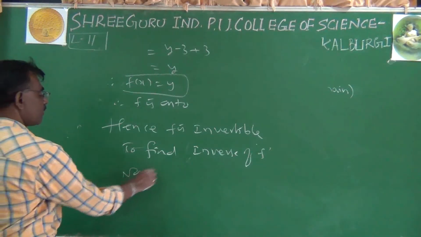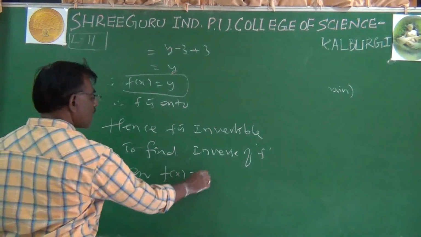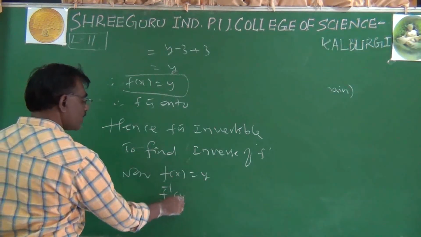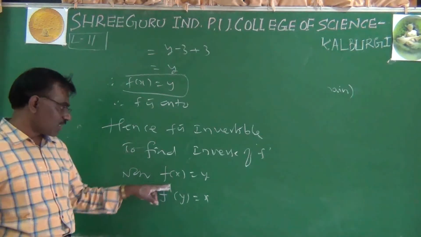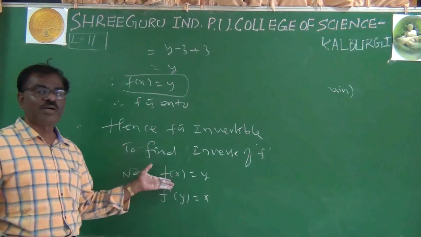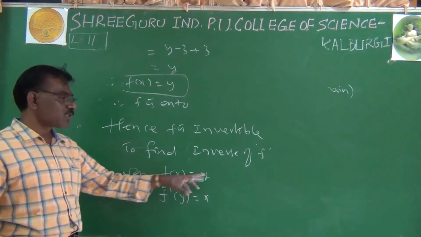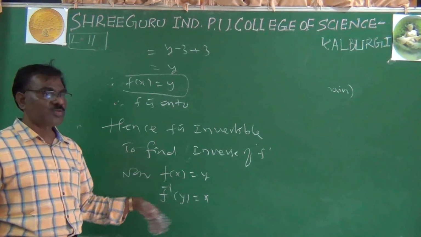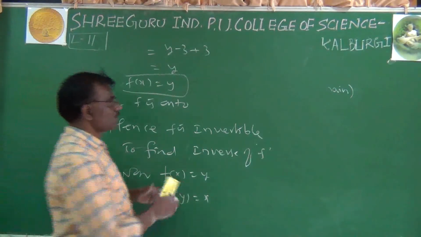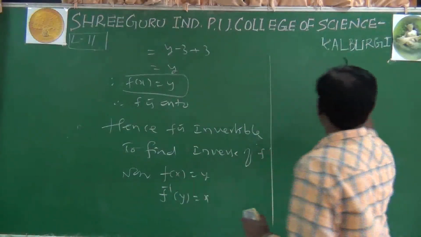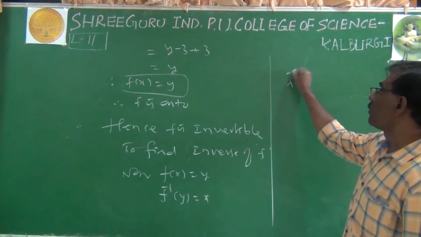Now f of x equal to y, so f inverse of y equal to x. In the previous definition I explained, f of x is y is a function. What is the inverse function? Just interchanging x and y: write x in place of y, and y in place of x. So f of x is y, f inverse of y is x. So what is f inverse of y?